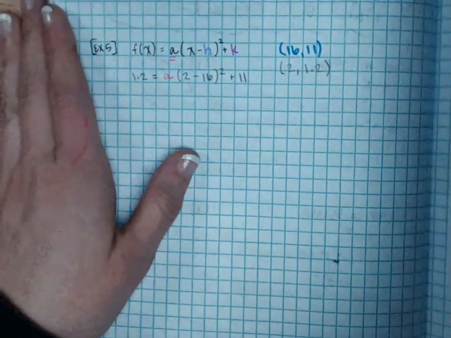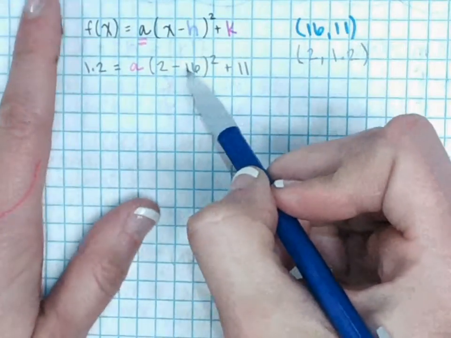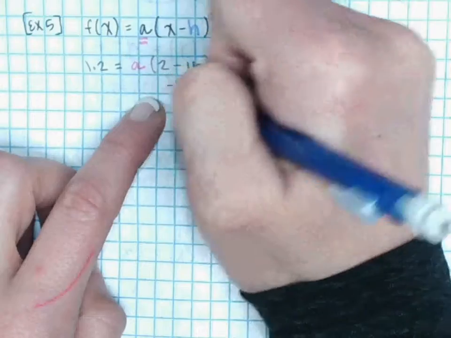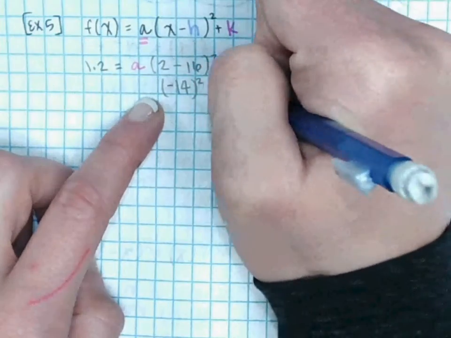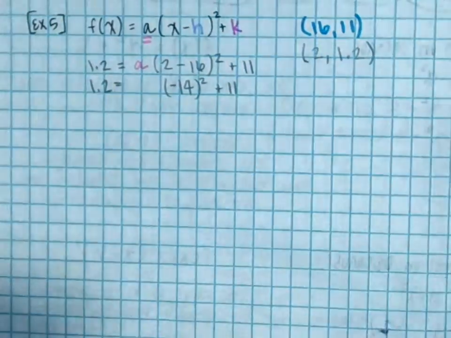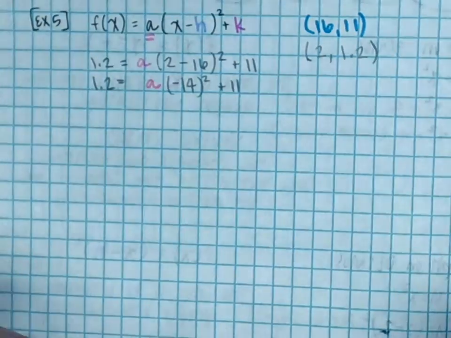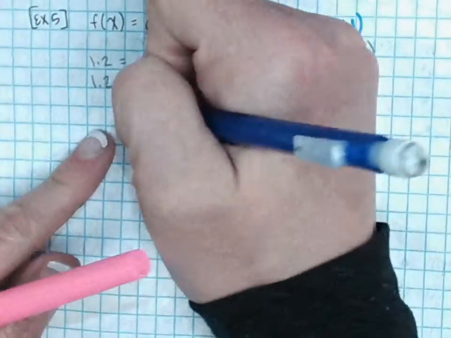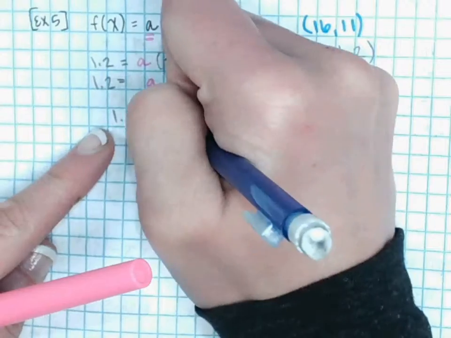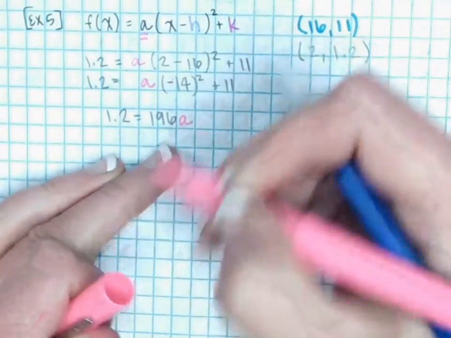So when I do order of operations, I start with simplifying inside the parentheses. 2 minus 16 is negative 14. Negative 14 squared is 196. And they showed it where they flip-flopped the 196 and the a because that's how we're used to seeing it.